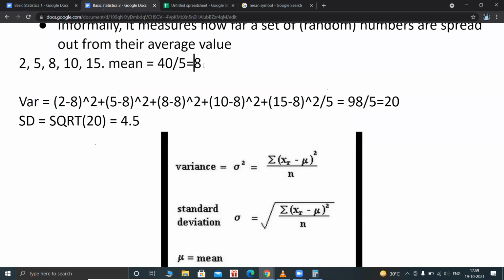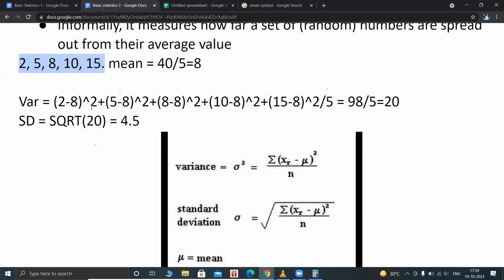What is the mean? 8, and whole square. This summation symbol means you need to do it for all the data points, then sum all those values.